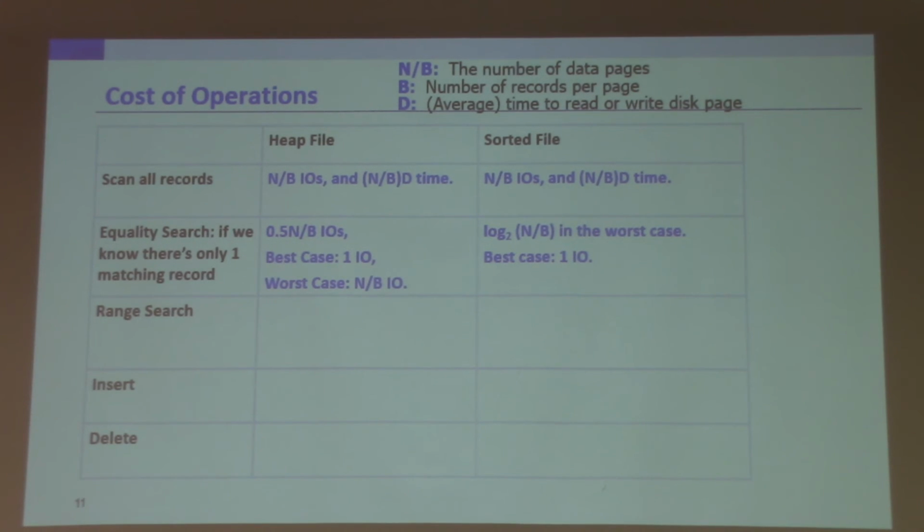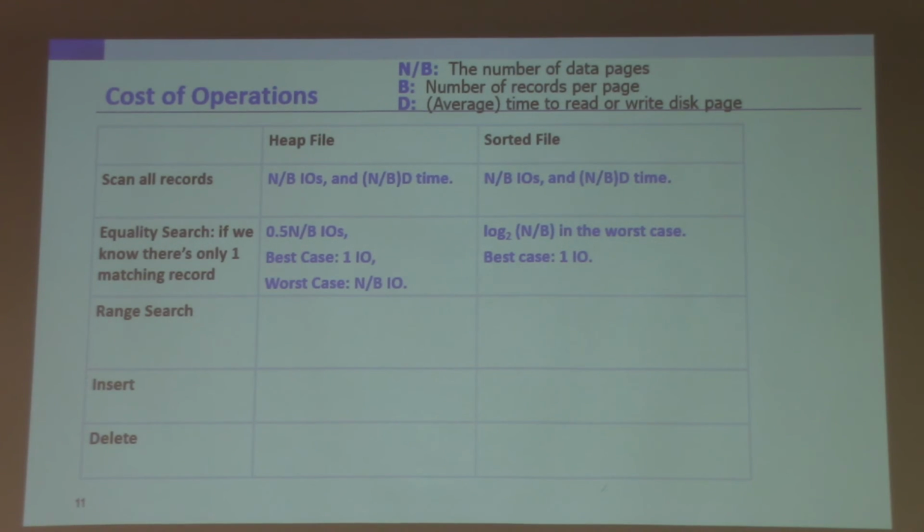I'm looking for the students with IDs from the hundreds to the thousands at the University of Utah. Okay, that's what I want to do. And of course, for a sorted file, we assume the file is sorted over the search key you're using, sorted with respect to the SID value here.